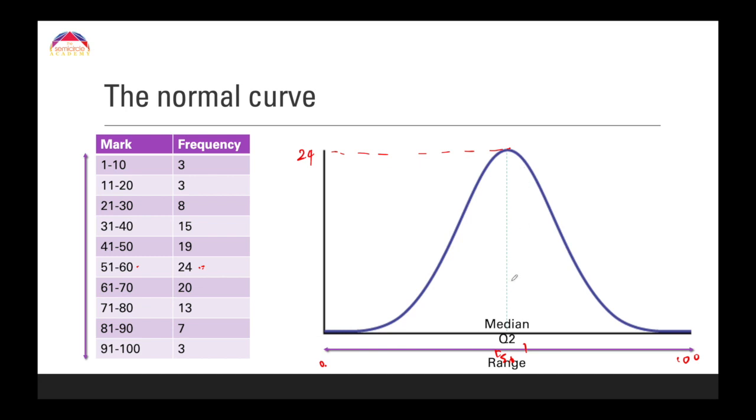We could use the median to answer that question. Well, what mark do most of the students make? You know, most of the students made around 50 to 60, the biggest group of students. Yeah, we could use the median to tell us that information when the curve is normal, right?